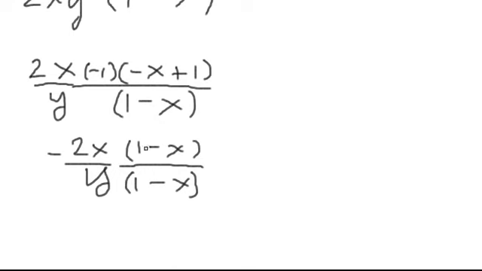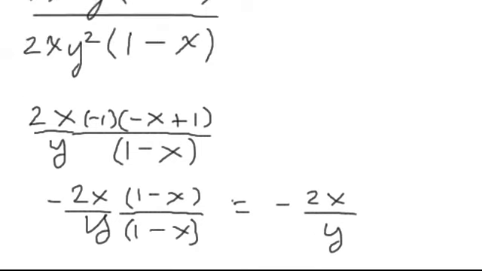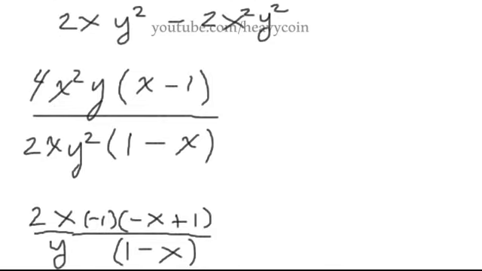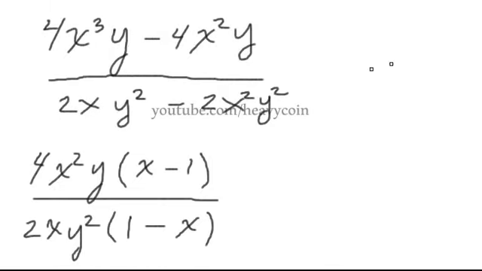And of course, this number is the same as the number in the denominator. So you can now cancel those out. And we're just left with a -2x over y. And that's now been simplified completely down. We have reduced all of that down to the -2x over y. Amazing.